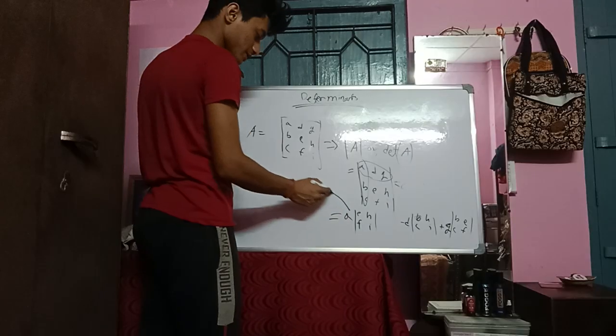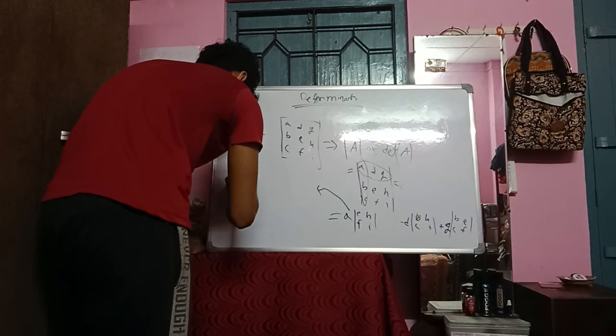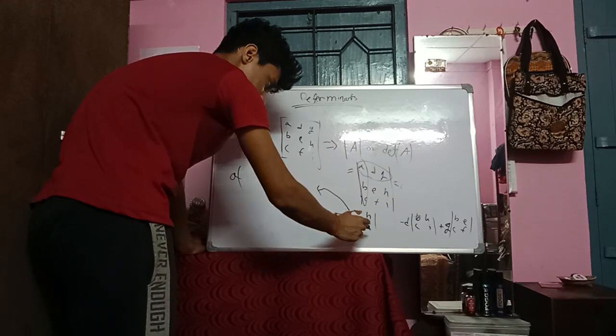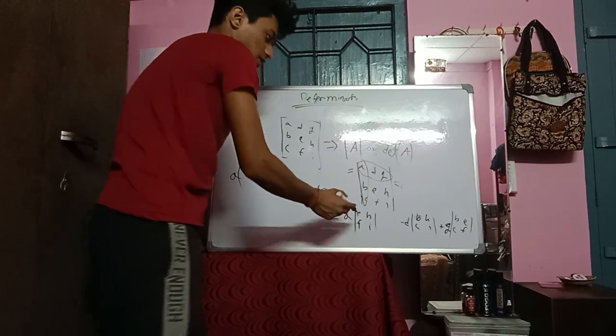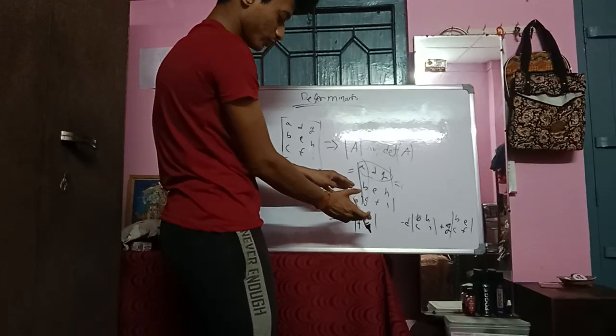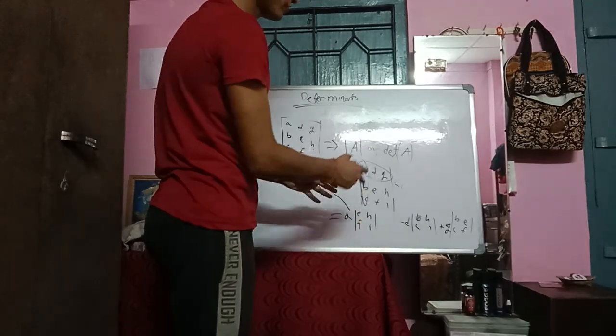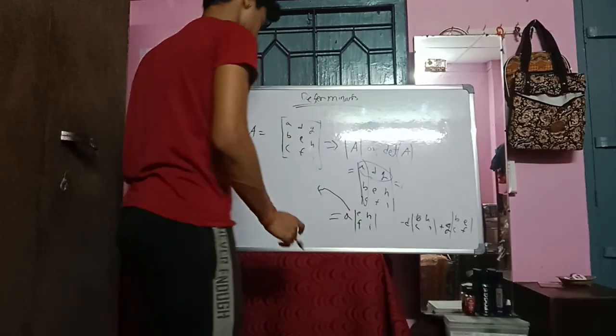Now you can simplify this a little bit. You can write it as A times the value of this determinant, which will be, as I told you in the earlier section of this video, the product of the elements of the main diagonal minus the product of the elements of the secondary diagonal.